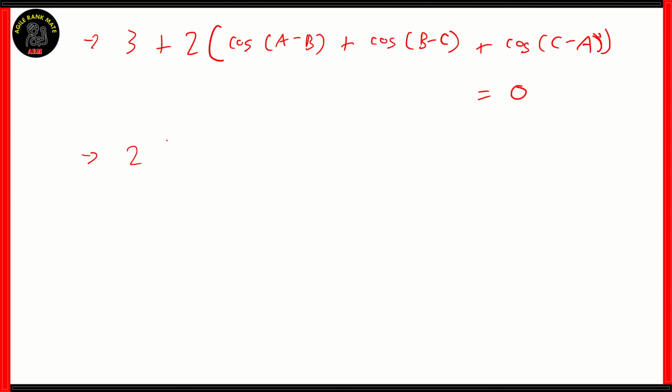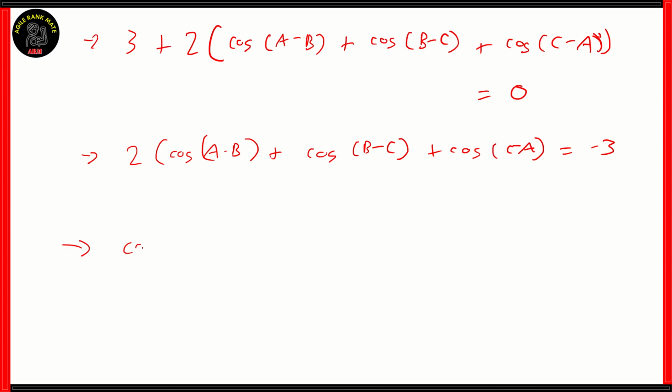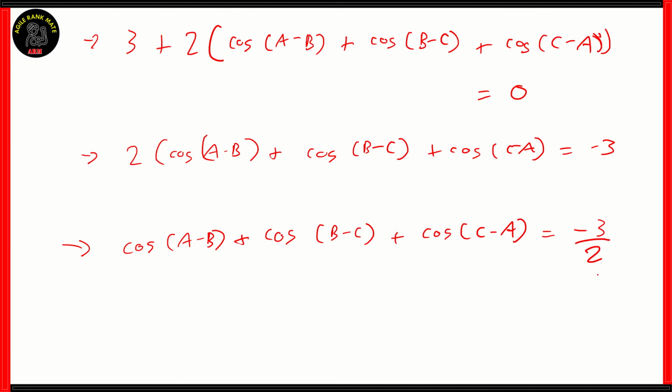So therefore 2 times (cos of (A minus B) plus cos of (B minus C) plus cos of (C minus A)) is equal to minus 3. So therefore the final answer, which is the value of cos of (A minus B) plus cos of (B minus C) plus cos of (C minus A), is equal to minus 3 over 2.